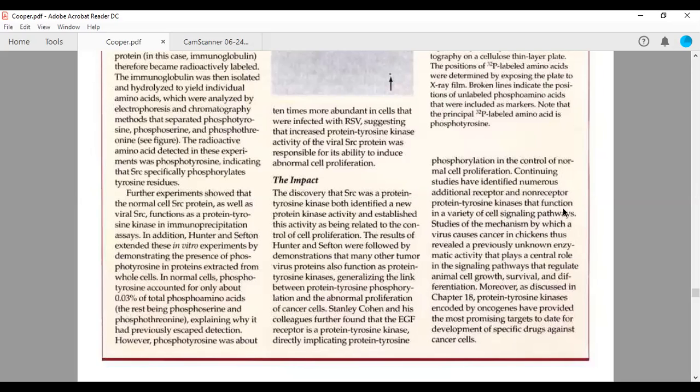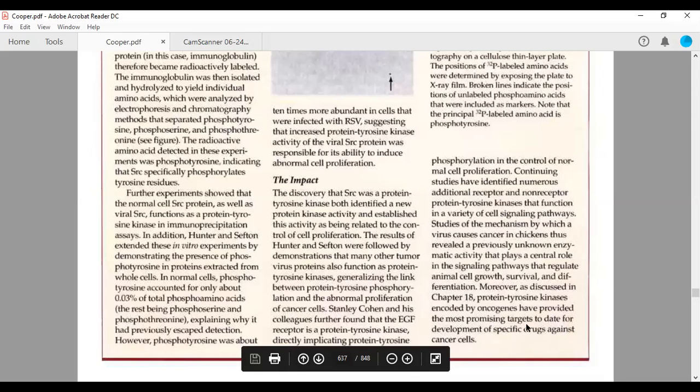So there are three ways by which these lead to the activation of downstream effector molecules. Studies of the mechanism by which the virus causes cancer in chickens thus revealed a previously unknown enzymatic activity that plays a central role in signaling pathways that regulate animal cell growth, survival, and differentiation. And if you want to design a drug against cancer or some tumor cells, these are the best targets.